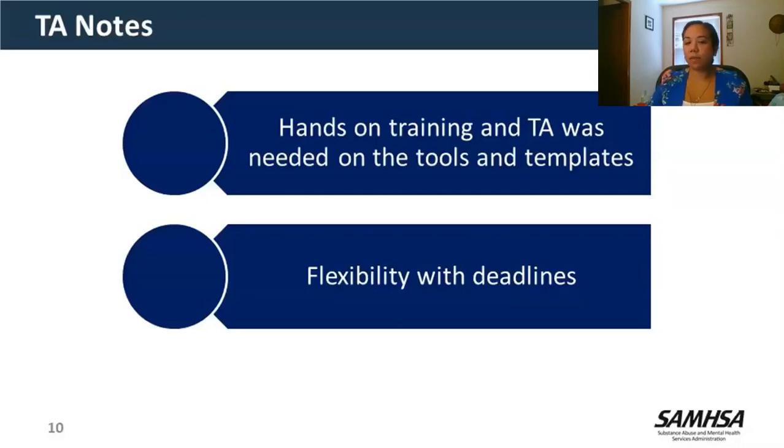So we had to be flexible with the deadlines because they have lots of other things going on: school, sports, family responsibilities, community responsibilities. Having that flexibility is really important when working with youth, especially when we're asking a lot of them to go out and gather all this information in their community.